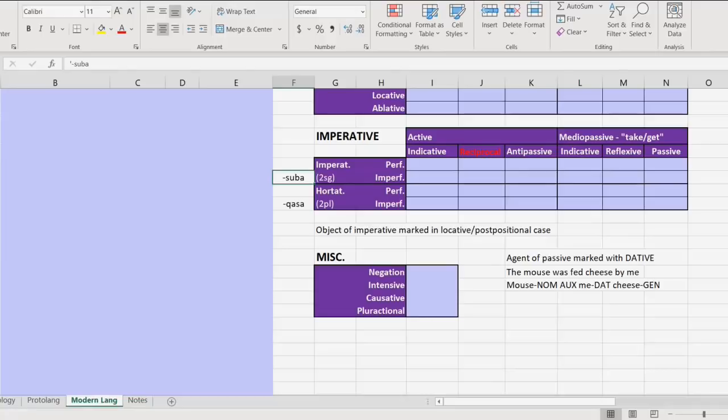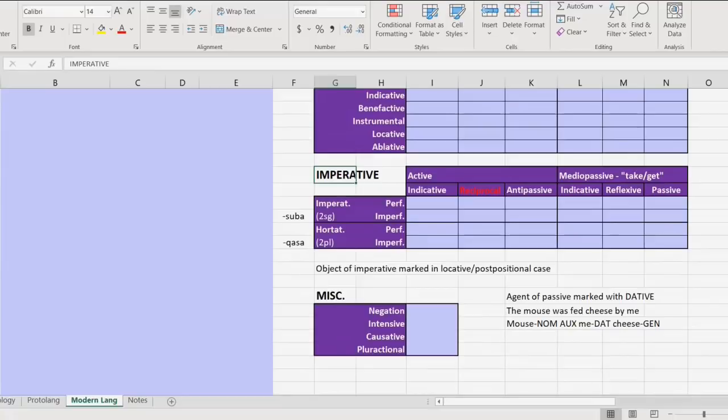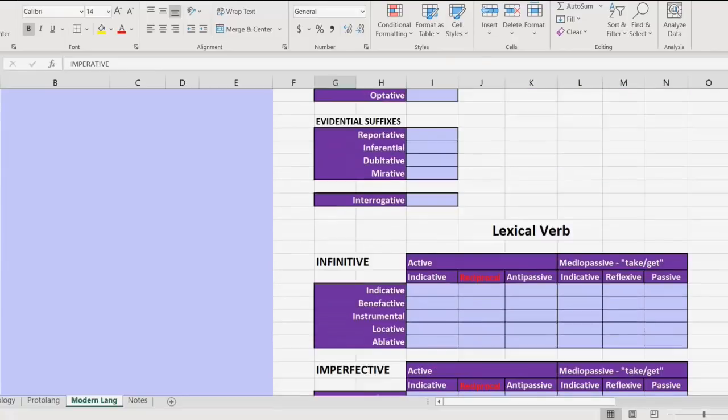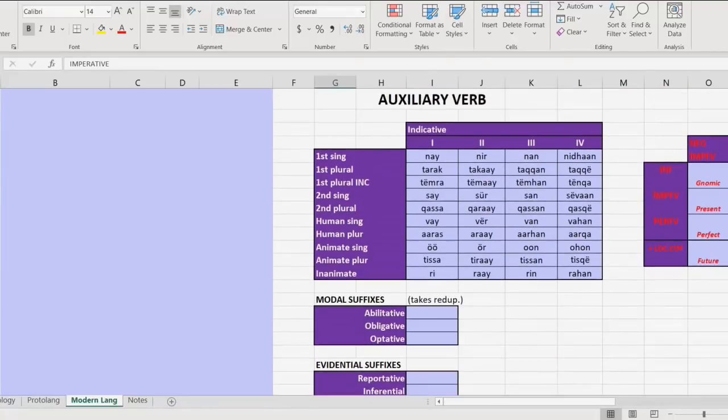That's quite interesting. But actually, the more I think about it, the more I like the idea that they're actually prefixes. For a couple of reasons. Number one, all the converbs are suffixes, so throwing in a prefix will just give us a little bit of variety. And also, I like the idea that the imperatives are the only verbs that retain the original person marking strategy that's only, other than the imperatives, been preserved in these auxiliaries.